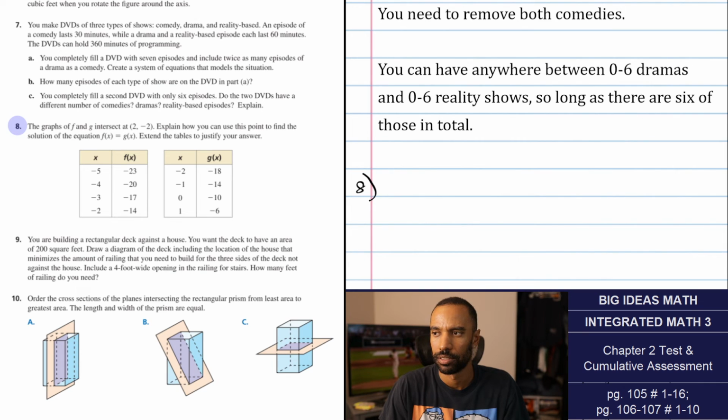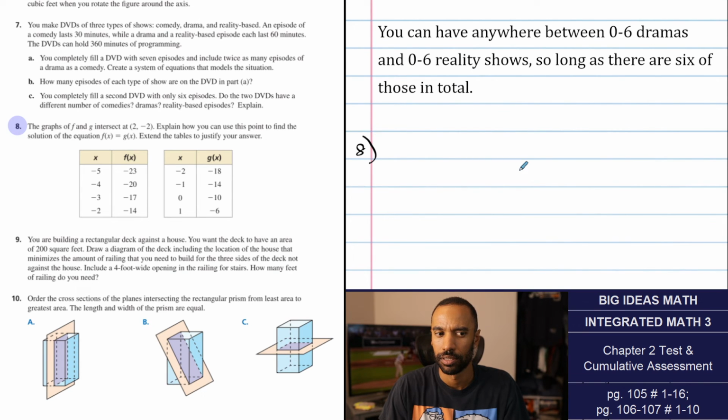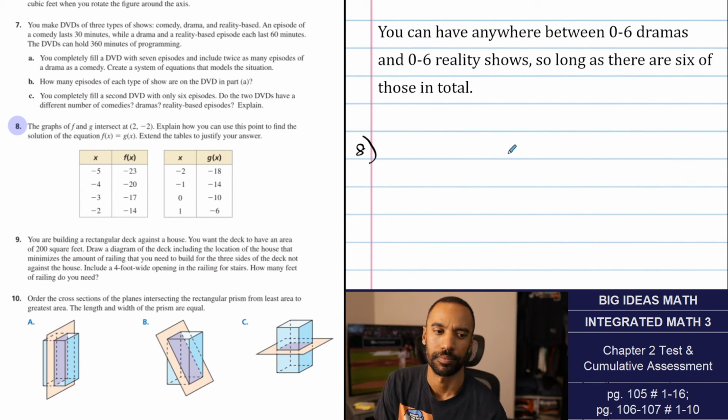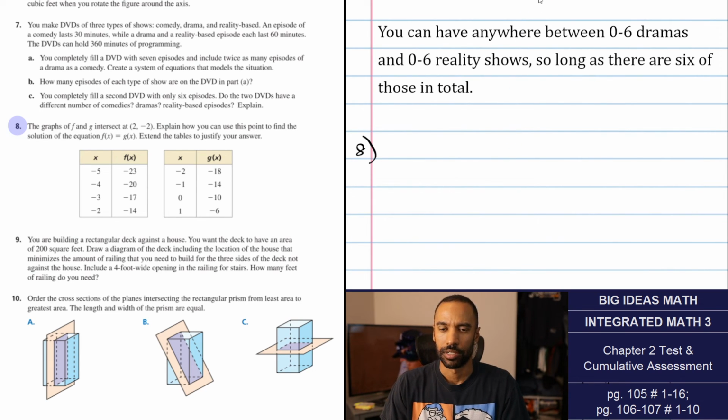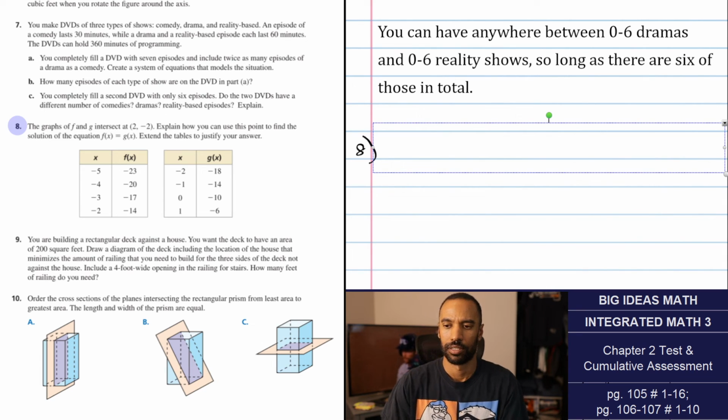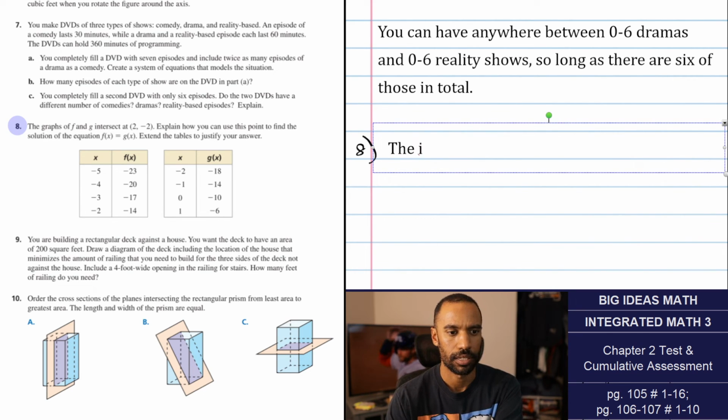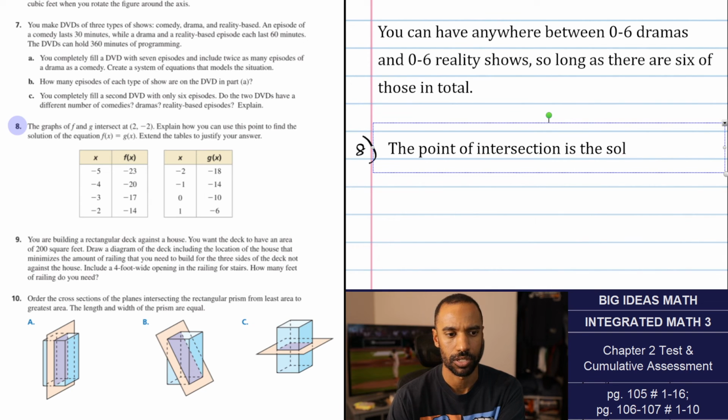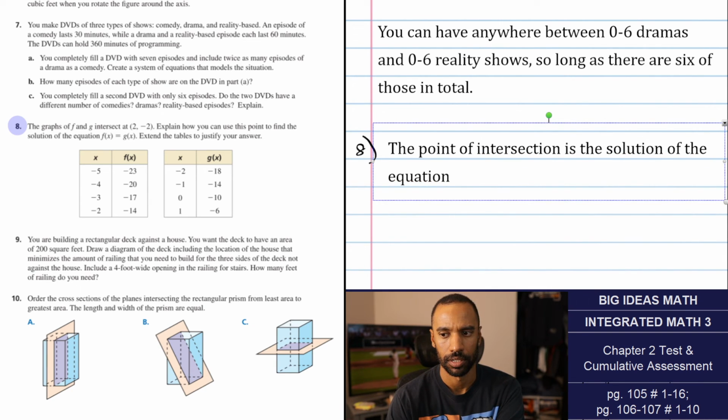The solution. If they intersect, then that is the solution. The point of intersection is the solution of the equation f of x equals g of x.